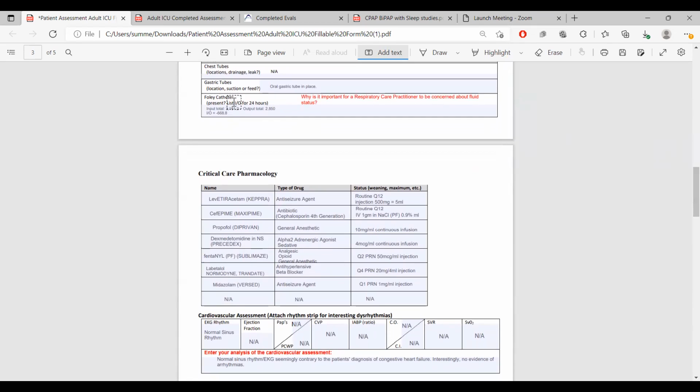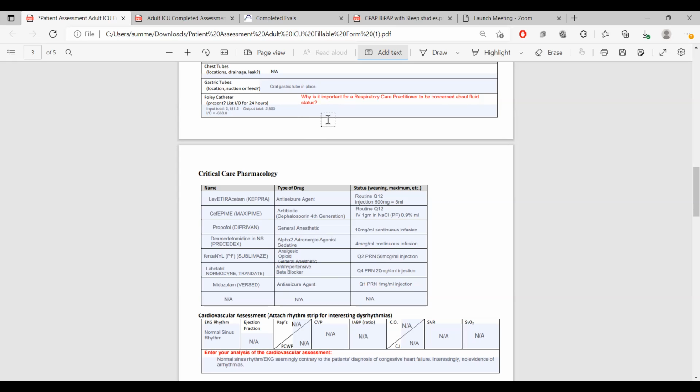And why is it important for a respiratory care practitioner to be concerned about fluid status? That's because if your patient is too edematous or is in fluid overload or is retaining fluid, then gas exchange is much more difficult.